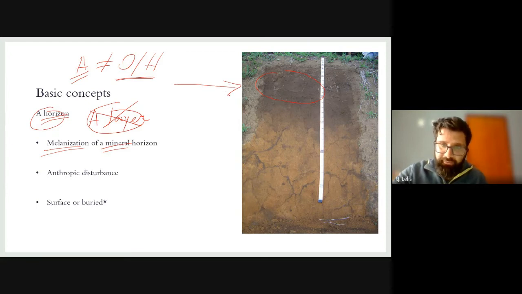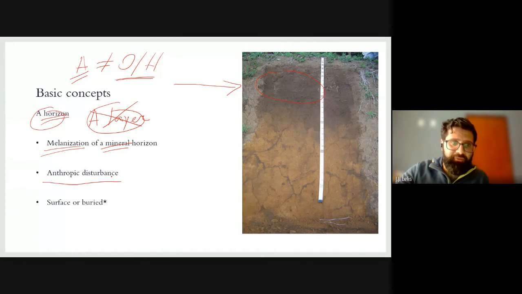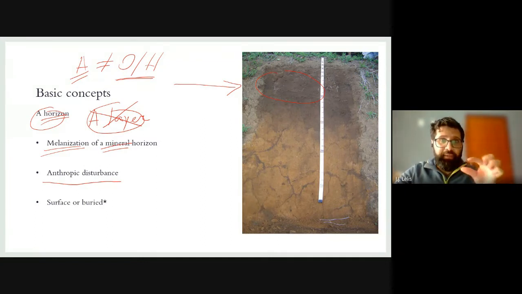mineral horizons. Okay. The A horizon also can be defined by human influence. So if humans cultivate or practice some area, we can identify the surface piece of soil as an A horizon.